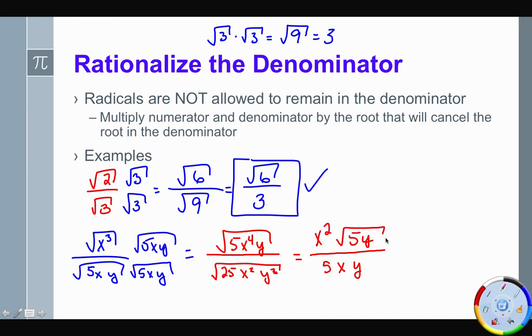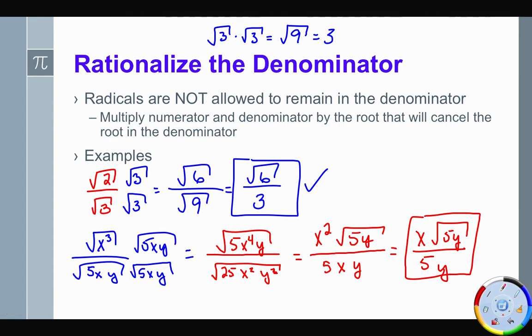And the 5y cannot. And last piece in this particular case is that we have x squared over x. So one of those x's can cancel. And we get our final answer that looks like this.